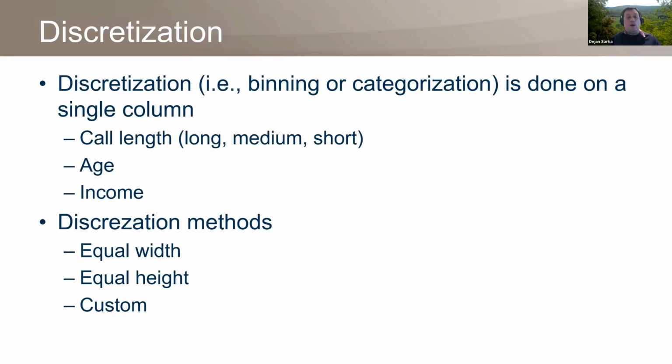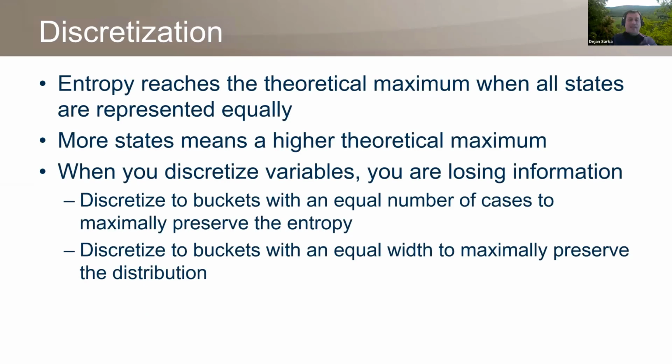Now, the question is, why would you use equal height discretization, and why does SQL Server do it, for example? What is the point here? The point is that you minimize the loss of entropy. Entropy doesn't come from statistics.